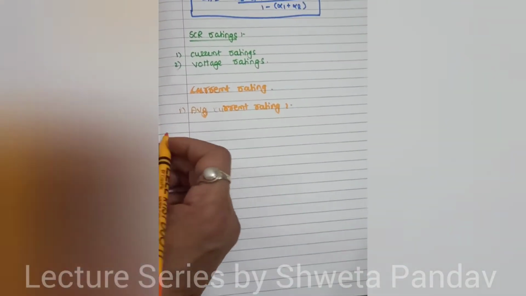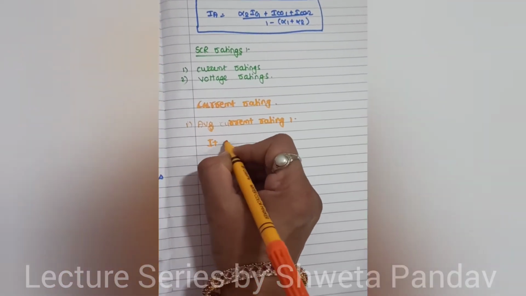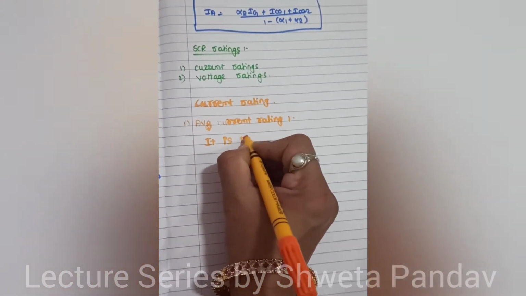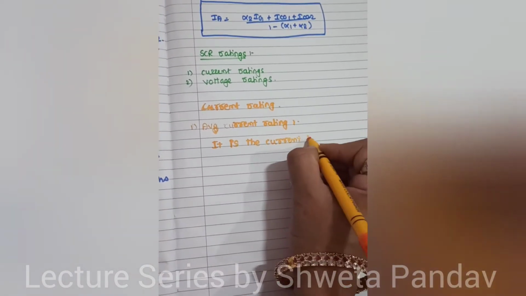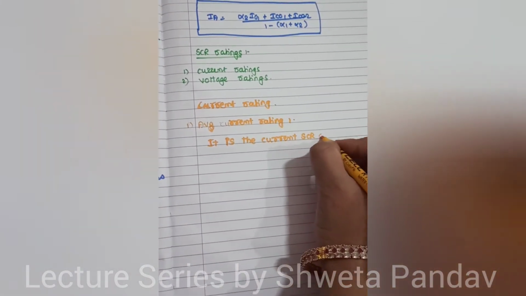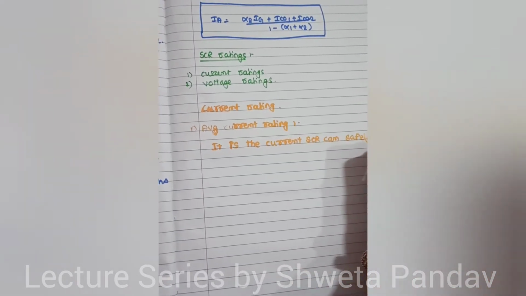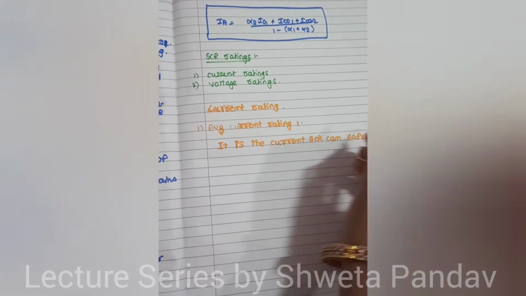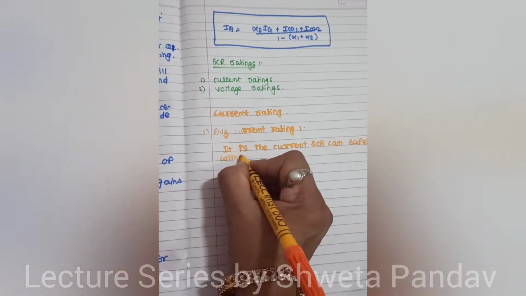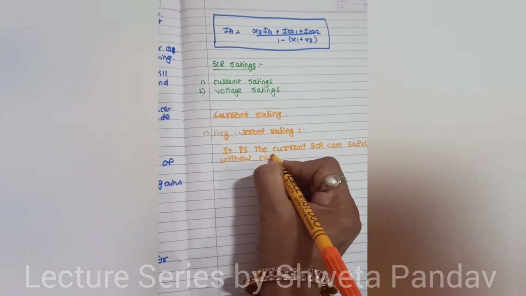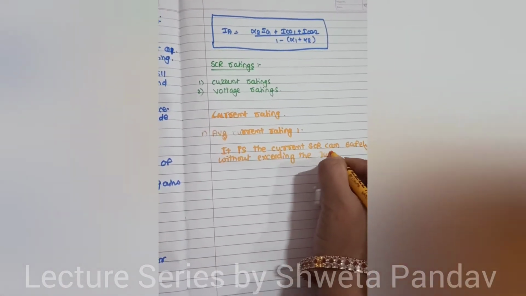It is the current the SCR can safely carry without exceeding the junction temperature limit.